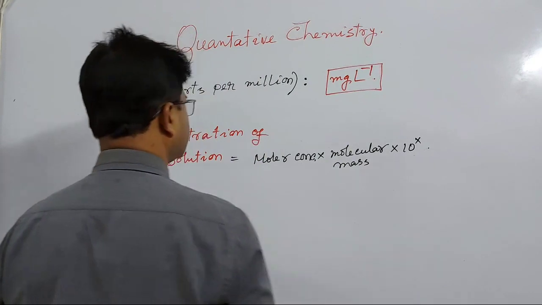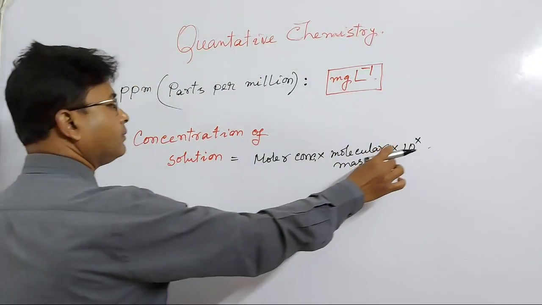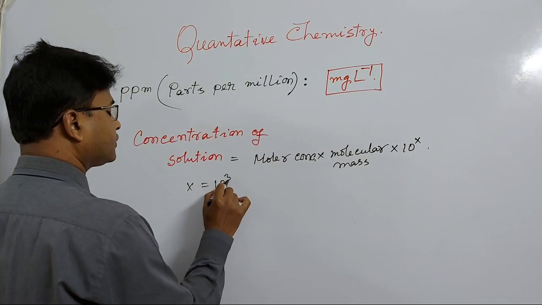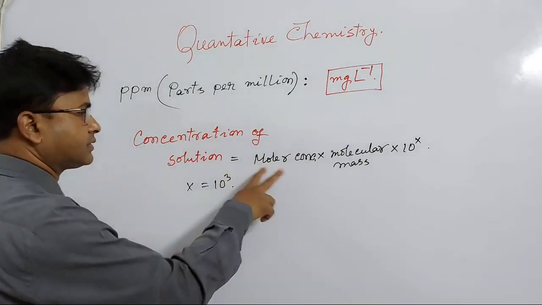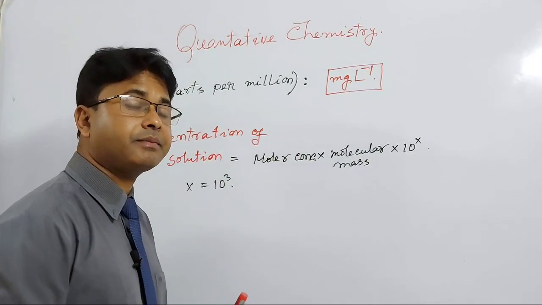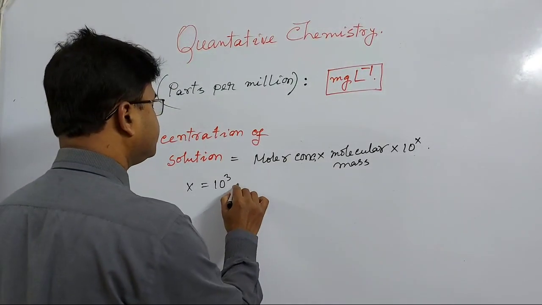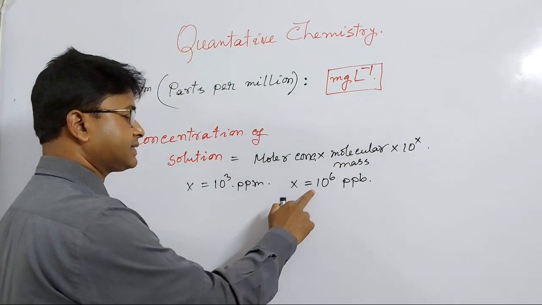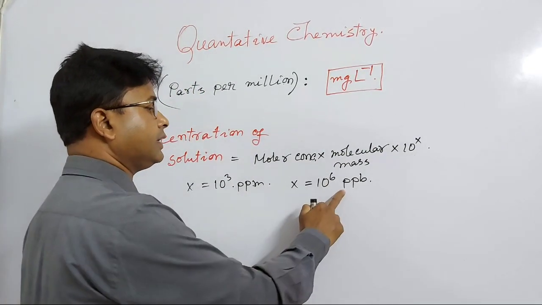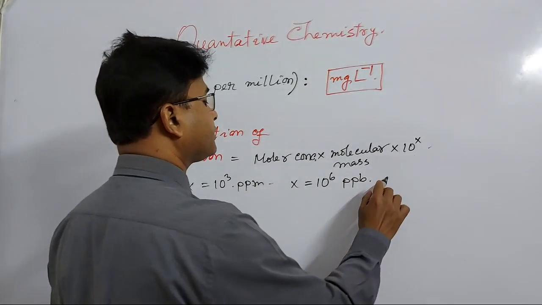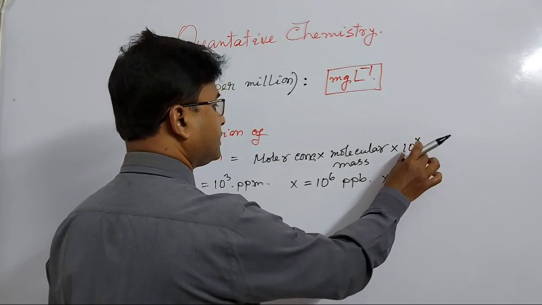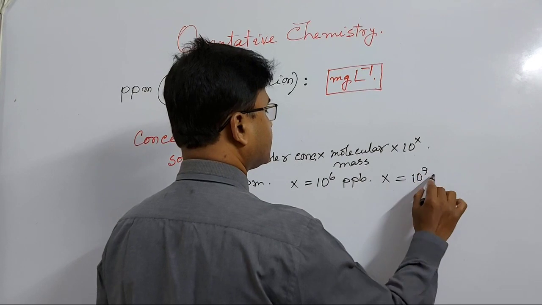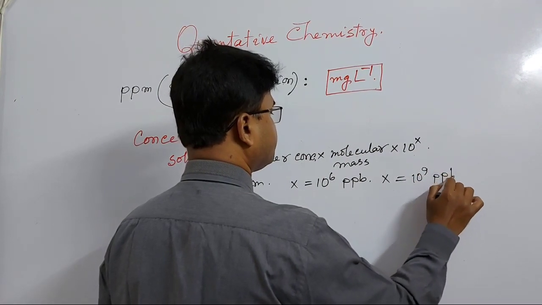Students, if I put the value of x here 10 to the power 3, in that case, the concentration will be ppm, I mean parts per million. If I put the value of x is equal to 10 to the power 6, then it will be the parts per billion. Students, if I put the value of x here 10 to the power 9, then it will be parts per trillion.